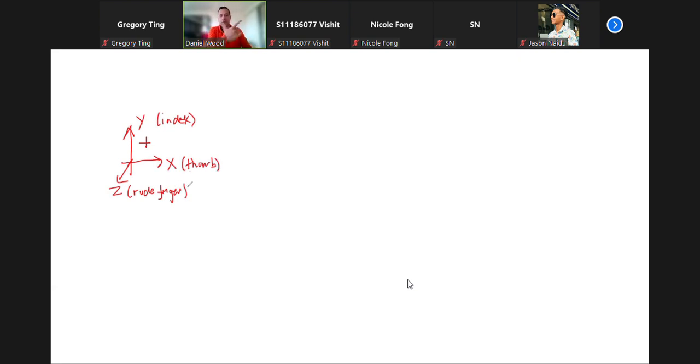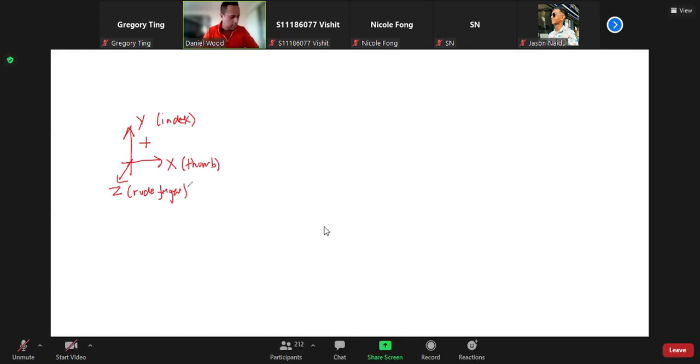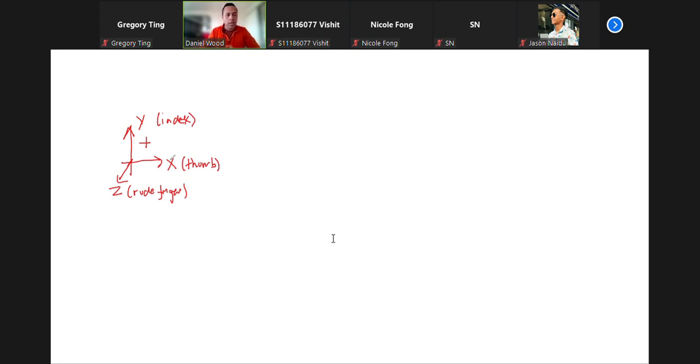The thumb is confusing you? Just get your thumb out, hold it up to the screen. You'll see on your right hand, your thumb is the x-axis, your index finger is the y-axis, and your z is coming out of the page. That's what it will have.